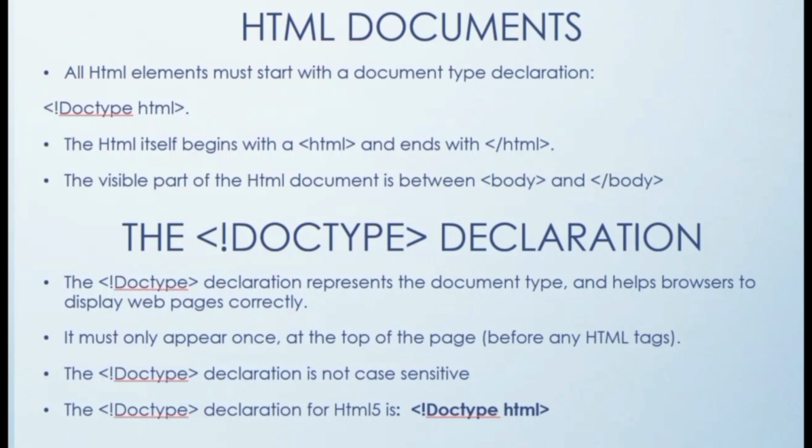And also, the HTML itself begins with the HTML tag and ends with the end tag. When you start writing your code, after you have put in your document type declaration, the next is your HTML tag, then you end it with the HTML end tag.